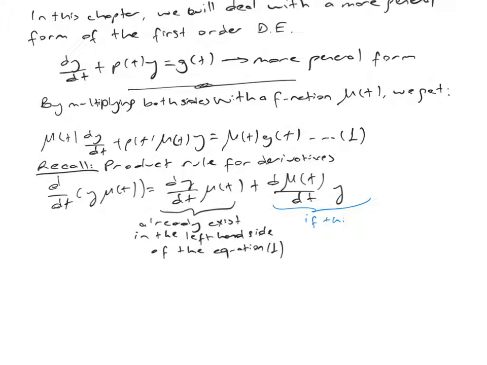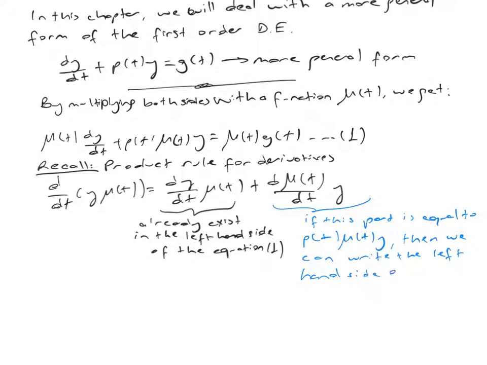If this part is equal to p of t times mu of t times y, then we can write the left hand side of the equation 1 by using the product rule.